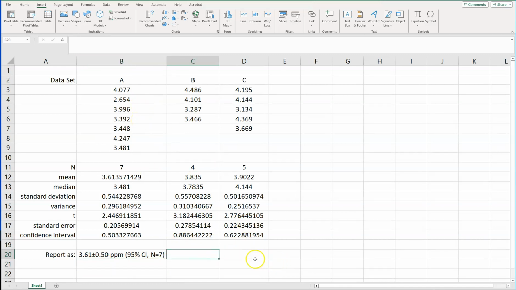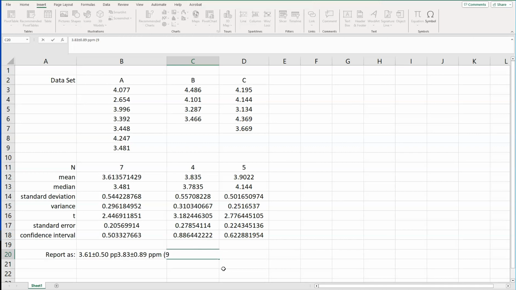Okay, let's do this one. I'm going to round this one off to 0.89. The confidence interval goes out to the hundredths place again. So I'm going to take the mean out to the hundredths place. I'm going to say it's 3.83 plus or minus 0.89. Say it was parts per million.